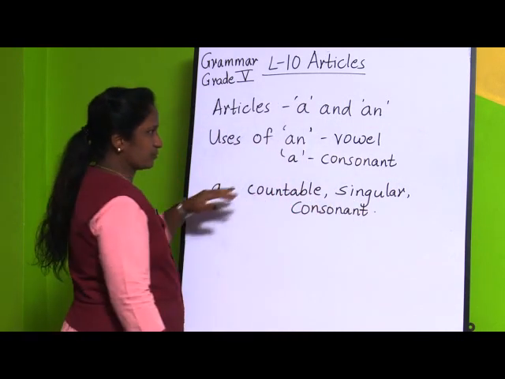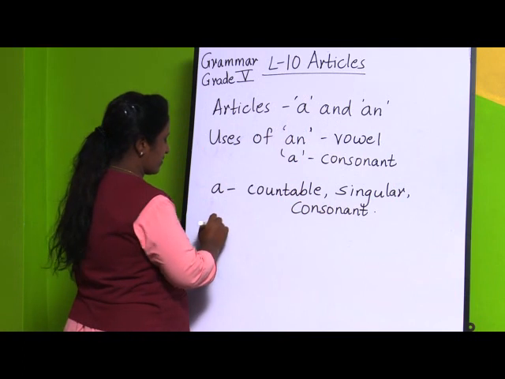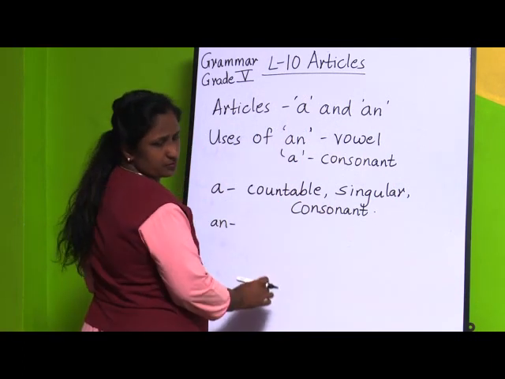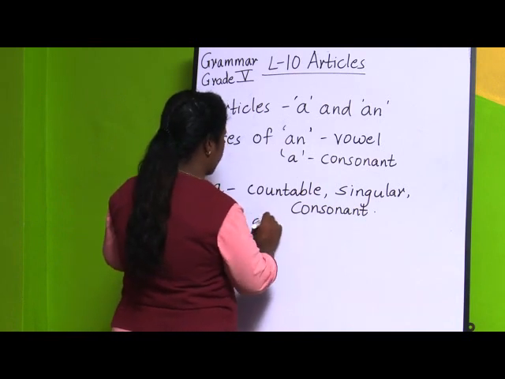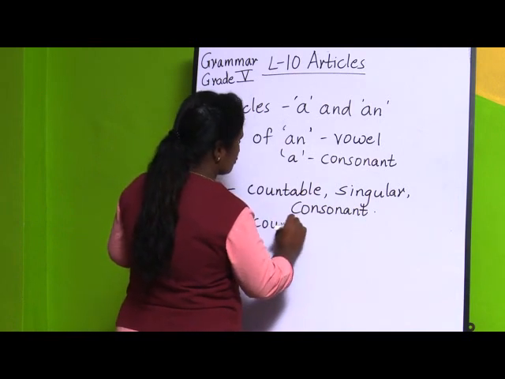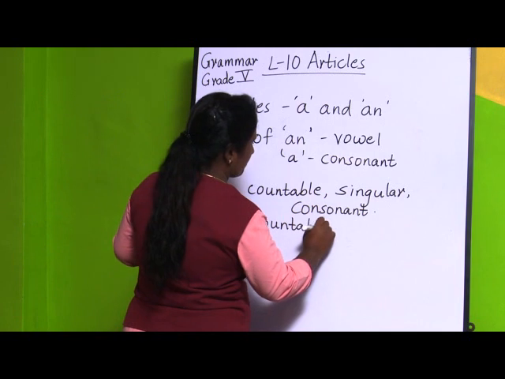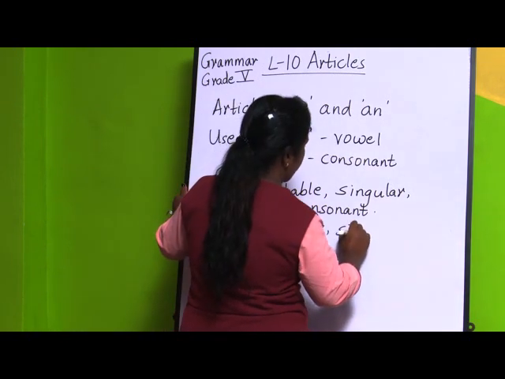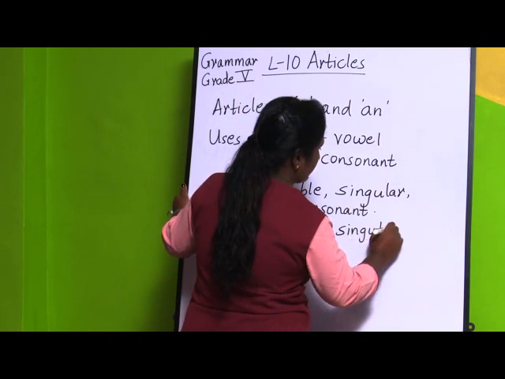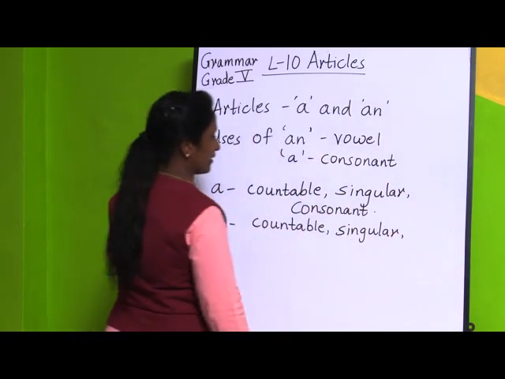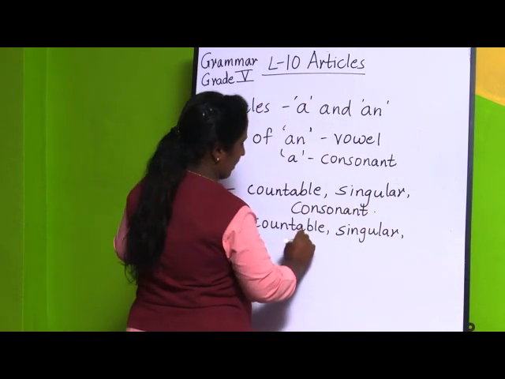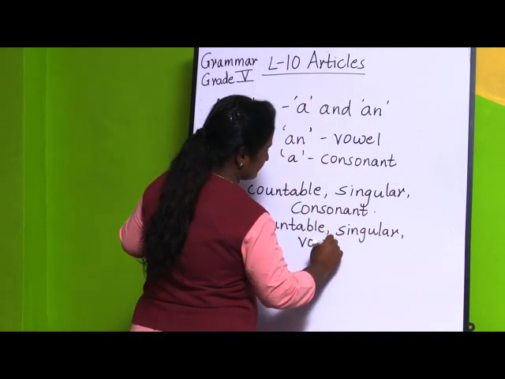And an is also used for countable, and singular. These two things are common, but only one thing is different: we use a for consonant and an for vowel.